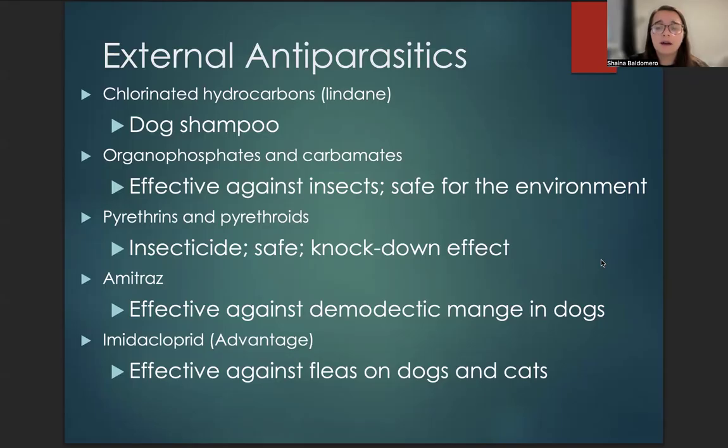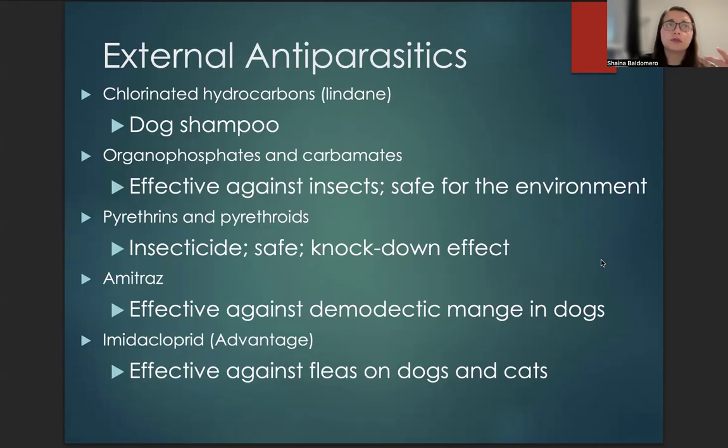I can't remember what it's called, but I know it's in green packaging. There have been so many cases of animals dropping dead, stroking out because of reactions with that antiparasitic. So again, if you are trying to give them a monthly flea and tick preventative, I highly recommend just using Revolution or NexGard, or there's another one on the market that's good for a little bit longer.